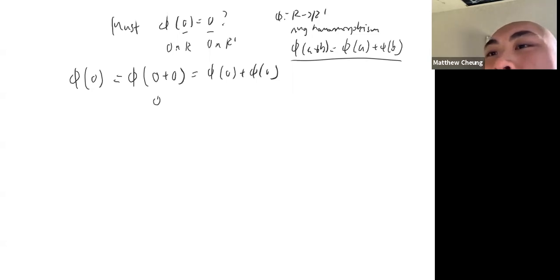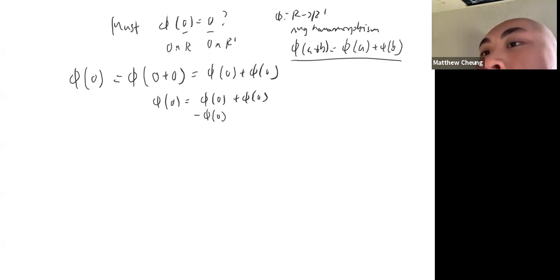So you have phi of 0 equals phi of 0 plus phi of 0. Note when I write subtract, it means add the inverse, yeah? So to be more concise, the inverse is just 0, right? So this is 0 in R prime.